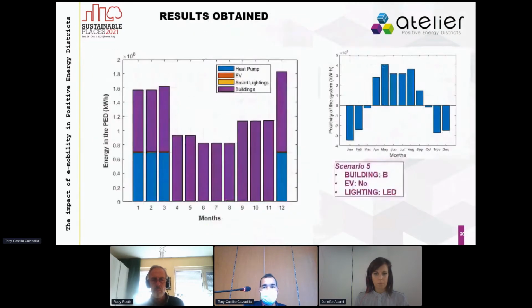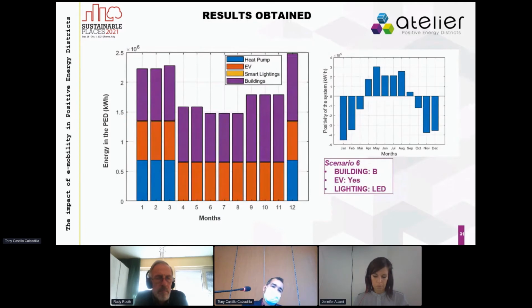In this case, you can see the distribution of the consumption of the PET month by month. Then we have the same for scenario 6, where you can see how the electric vehicle consumption is set as a fixed number.